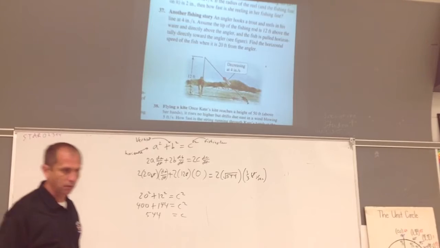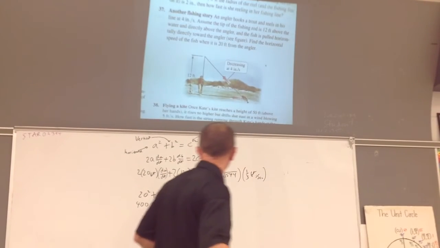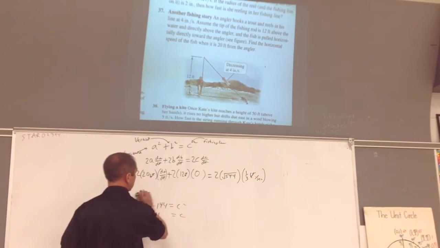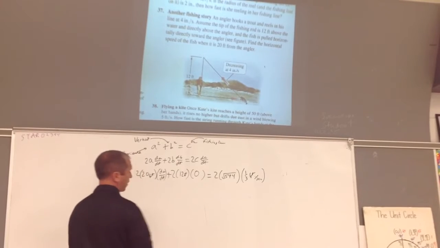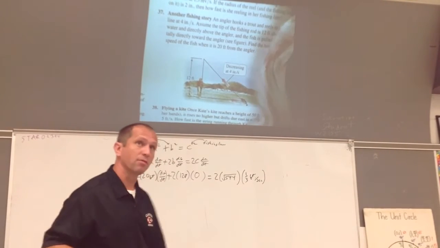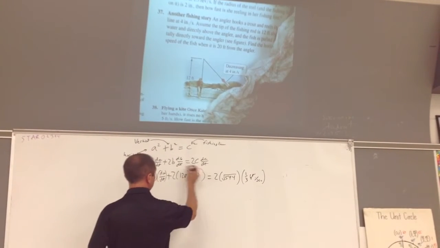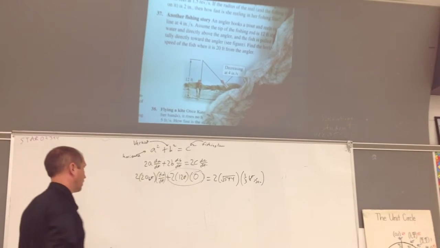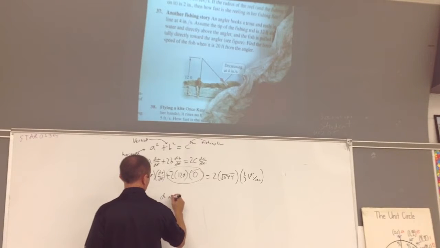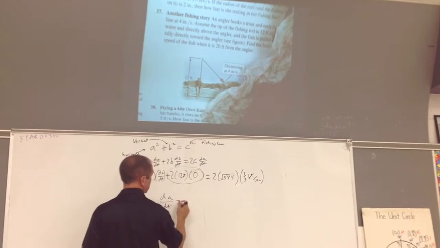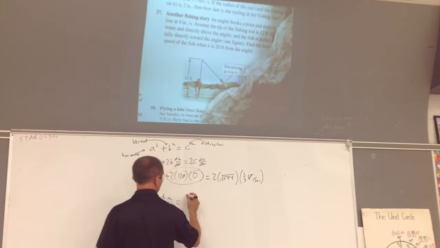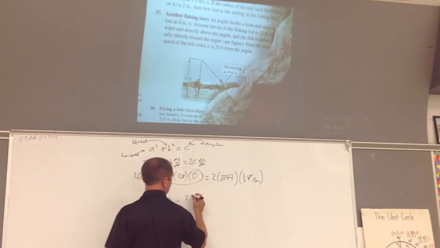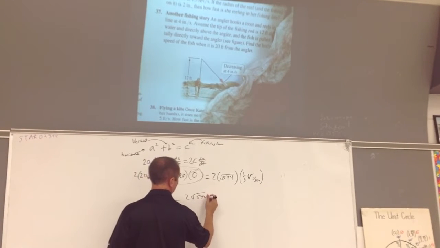Alright, so now we can get on to solving the problem. Alright, this term right here goes and plays with the dodo birds. So we're left with da/dt is going to equal 2 times the square root of 544.